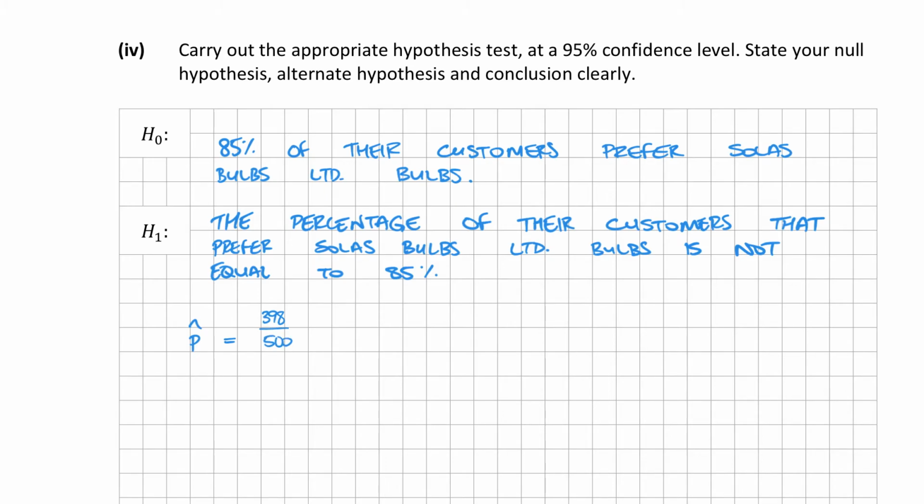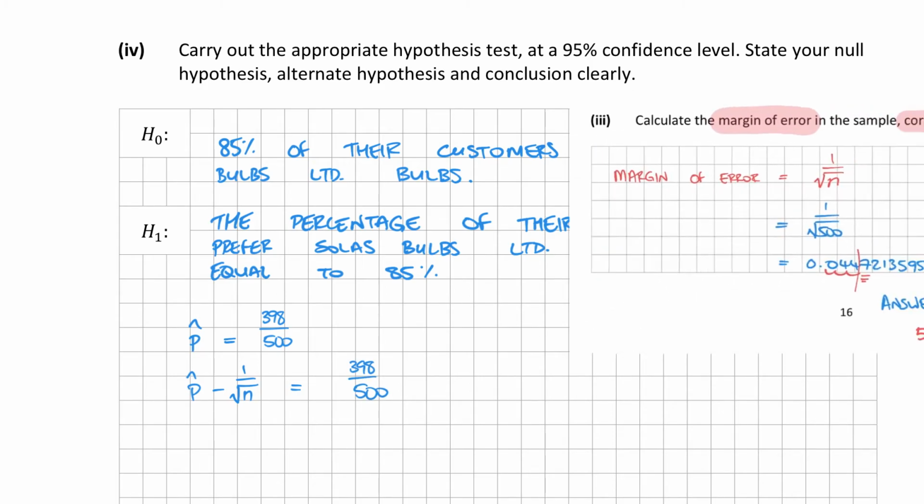Okay. And now to create those confidence intervals, what I need to do is subtract p hat minus the margin of error. So subtract 1 over the square root of n to get our lower limit. And that's going to be 398 over 500.